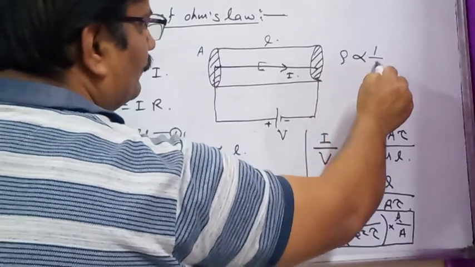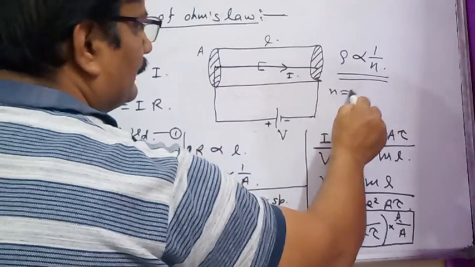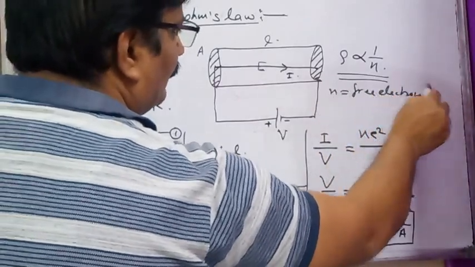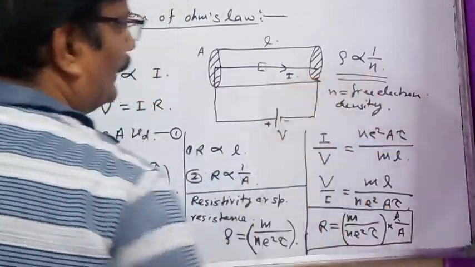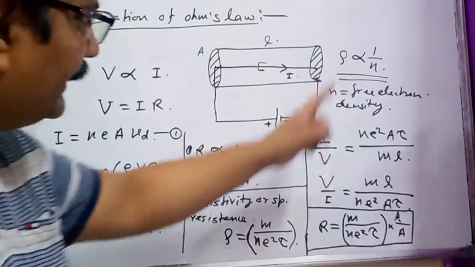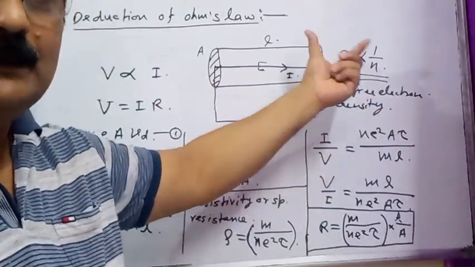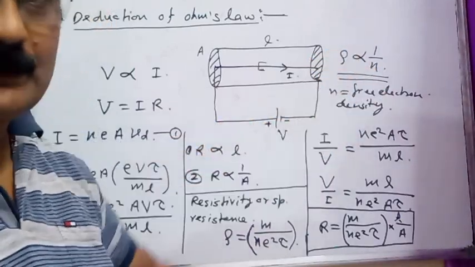Resistivity of the material, rho, is inversely proportional to n. What is n? n is the free electron density of that material. It means if free electron density is more, resistivity of the material is going to be less. So resistivity is inversely proportional to free electron density of the material.